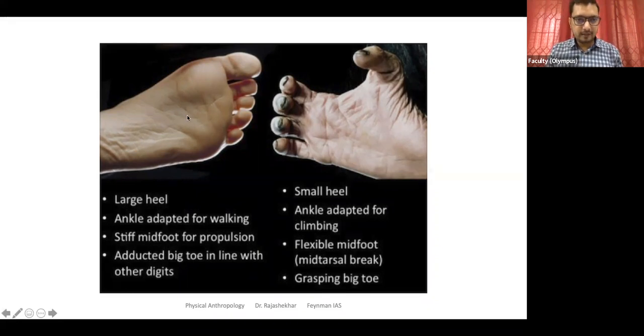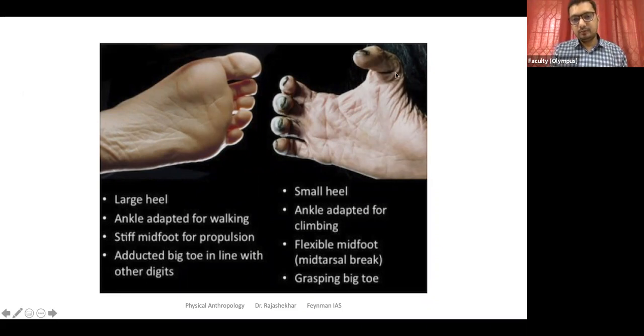And this flat region with little curvature, sometimes you see in the midfoot, is for propulsion, to push ourselves forward. We have a stiff midfoot for propulsion, whereas they have a flexible midfoot. We have a more firm mid region here for pushing us forward. And we don't have an opposable toe.